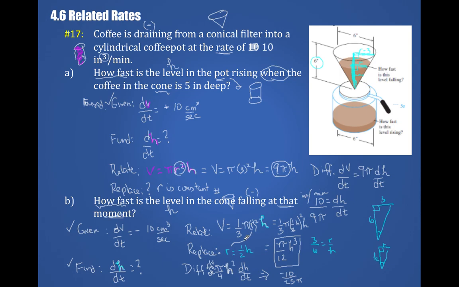What is that moment? Right, that moment goes all the way back up here when the cone is 5 inches deep. I think it was a little annoying that they put the 5 inches up there in part A when I didn't actually need it until part B. So I replaced this H with 5, and that's where I got 25 pi on that side.